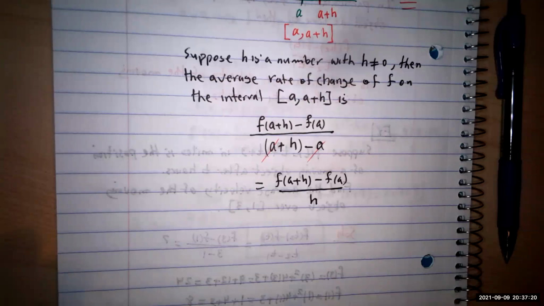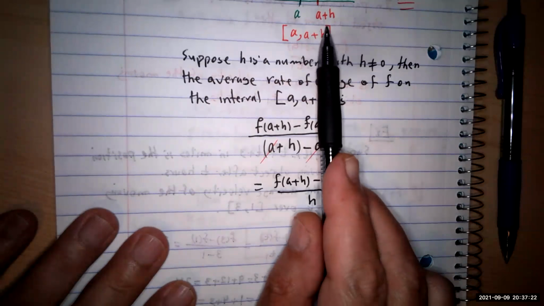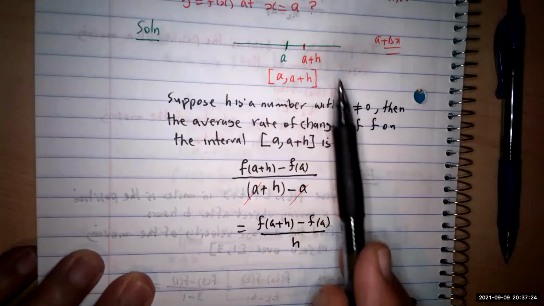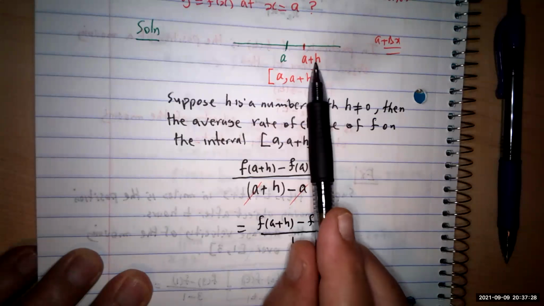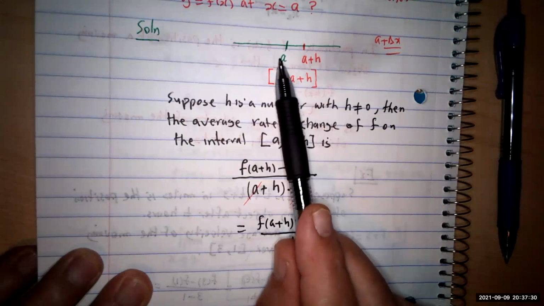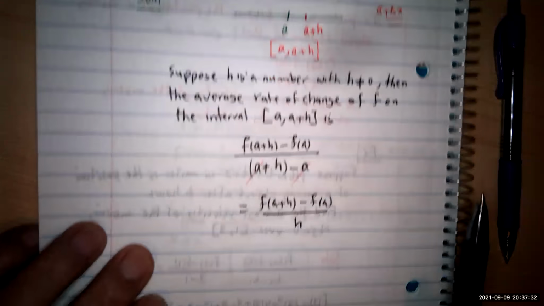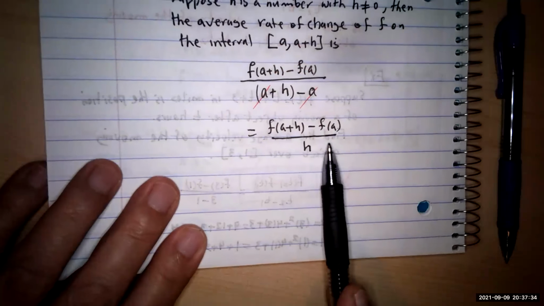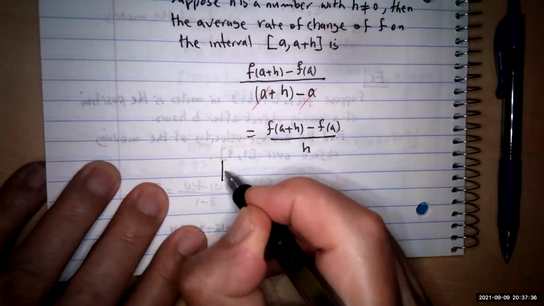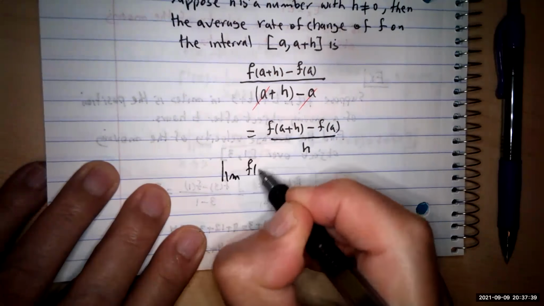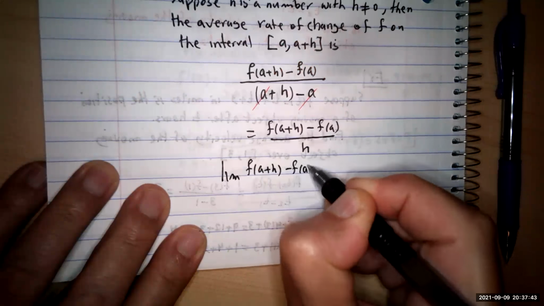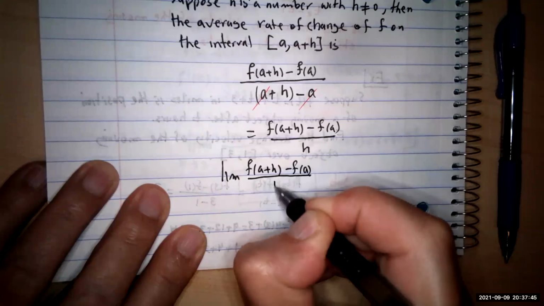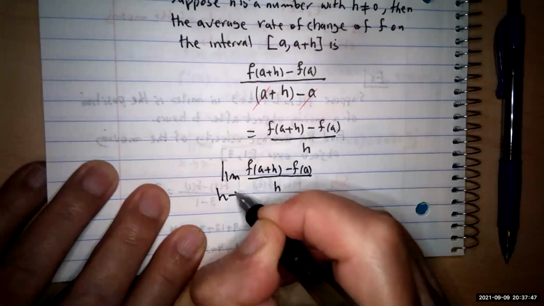As you're getting closer and closer to the police car, h would be getting closer and closer to zero. So what we are going to do is take the limit of this expression: the limit of f of a plus h minus f of a over h when h goes to zero.